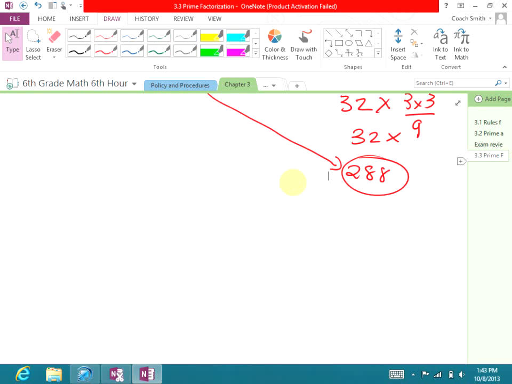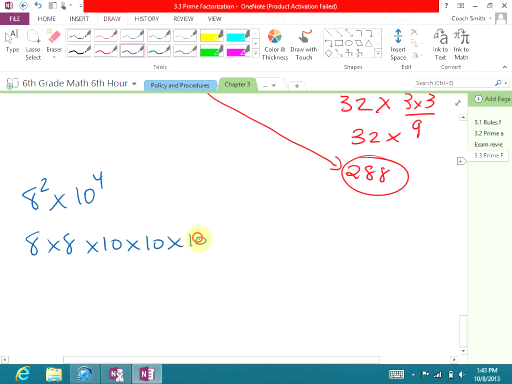So if I had 8 to the second power times 10 to the fourth power, that's 8 times 8 times 10 times 10 times 10 times 10. 8 times 8 is 64. 10 times 10 times 10 times 10 is 10,000.